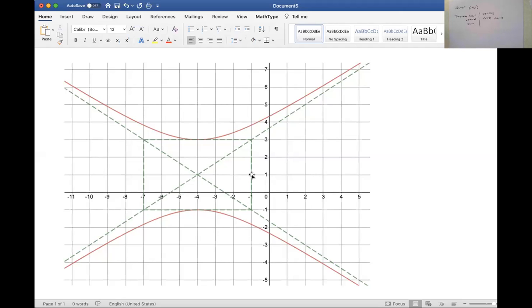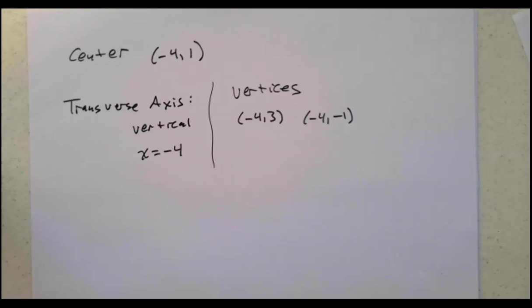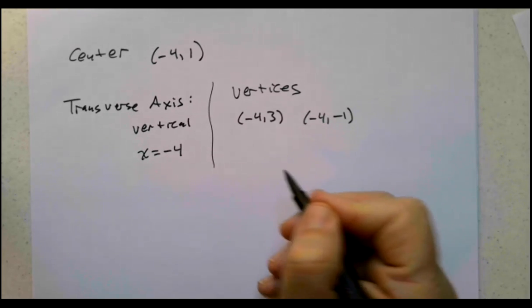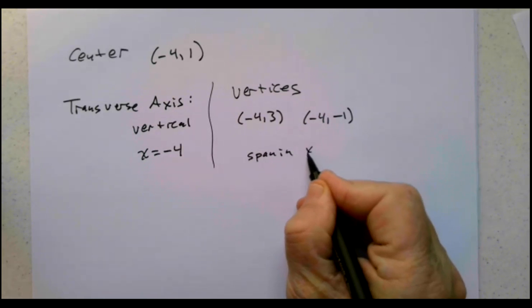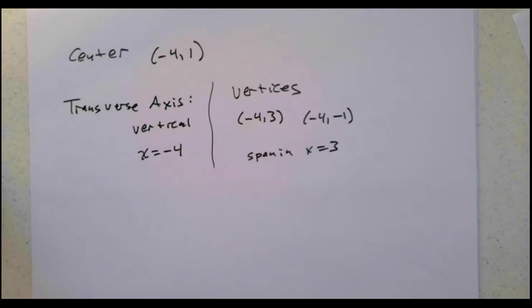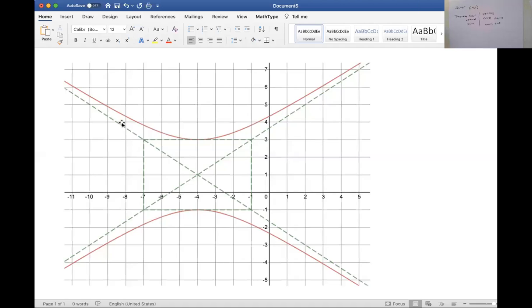Span in x is 3. And how about the span in y from the center? 1, 2 to get to the box. So the span in y is 2.